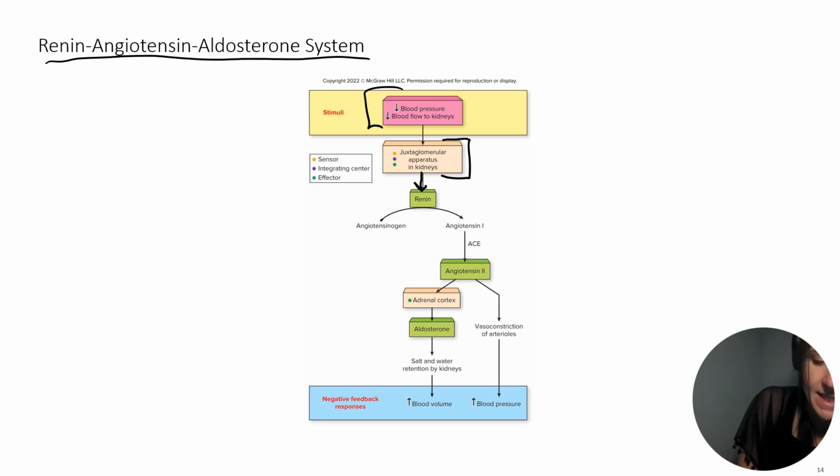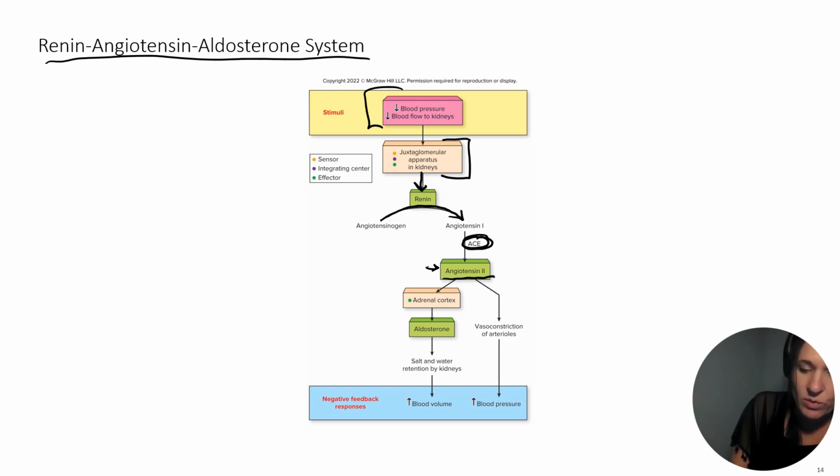Renin is the enzyme that's going to convert angiotensinogen into angiotensin 1, which will then be converted into angiotensin 2 by angiotensin converting enzyme.